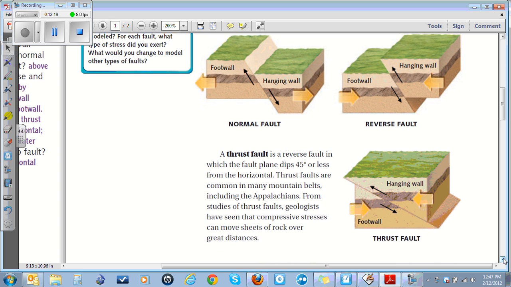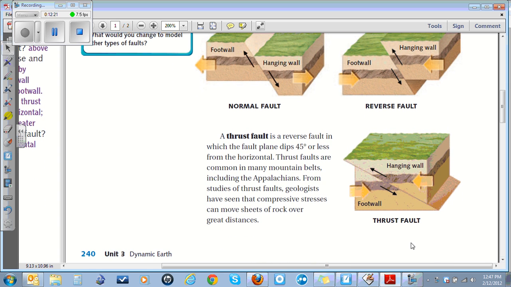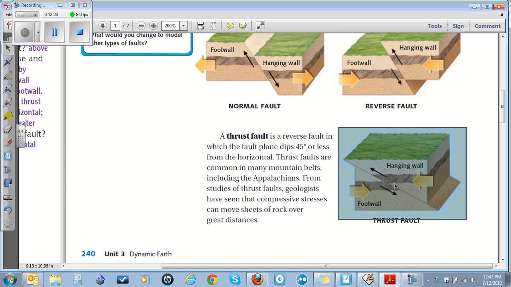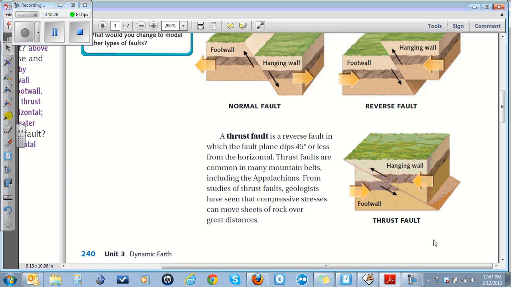A thrust fault is a reverse fault, because you see that it's compressing, in which the fault plane dips 45 degrees or less from the horizontal. Thrust faults are common in many mountain belts, including the Appalachians. From studies of thrust faults, geologists have seen that compressive stresses can move sheets of rock over great distances.